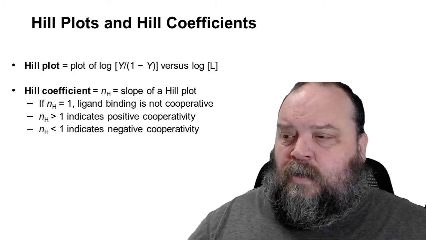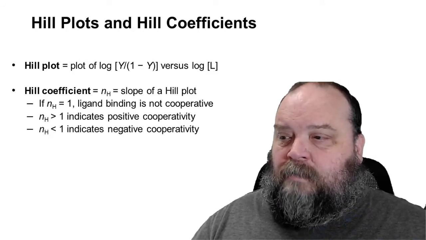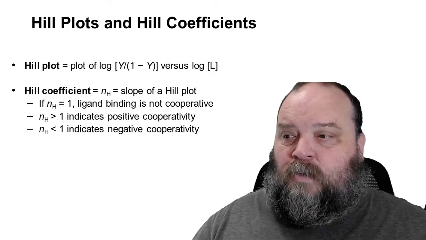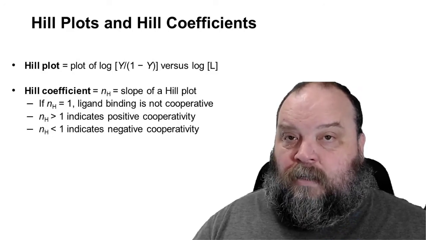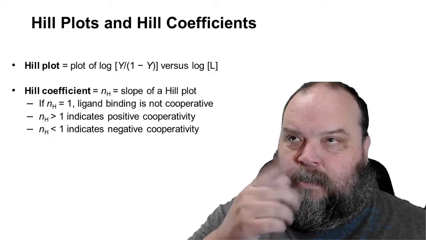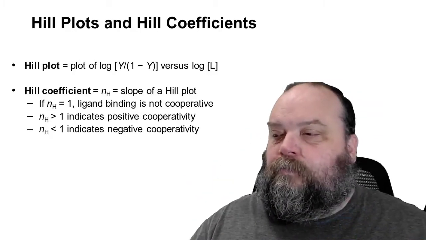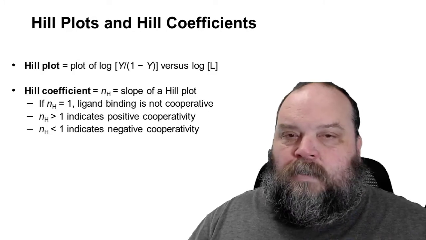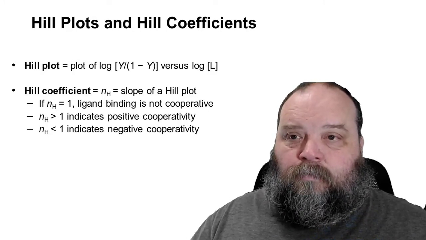Well, it turns out you can plot this out. Okay? Plot of the log of y divided by 1 minus y versus the log of L. Y-axis, L-axis. Yes, I know, y-axis, y divided by different y's. It'll give us a plot.